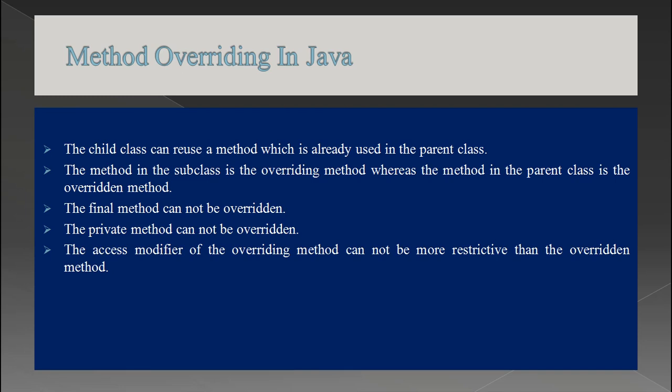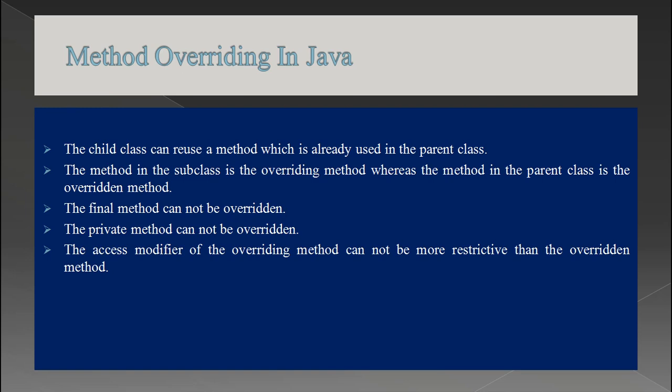Since method overriding is possible only by subclasses, and we know that a final method cannot be overridden, it cannot be used in the subclasses. Final means there should be no further modification.